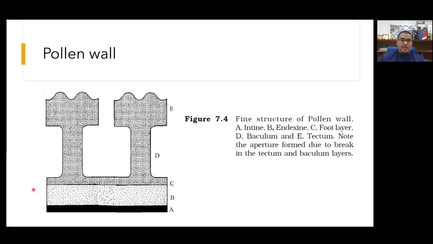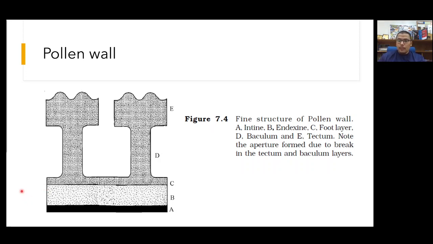So exine is further differentiated into two layers, the outer ectexine and inner endexine. The ectexine is further distinguished into the basal foot layer, radially elongated columella, and roof-like tectum.